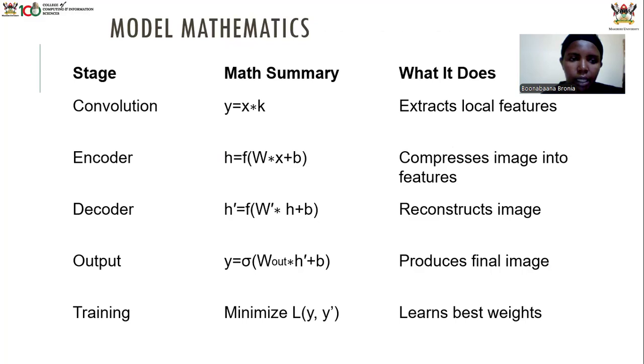It encodes the convolution part, taking an input x, then into a kernel k, and extracts local features. And it encodes then the decoder output to the training. All this is the mathematical simulation of our model.